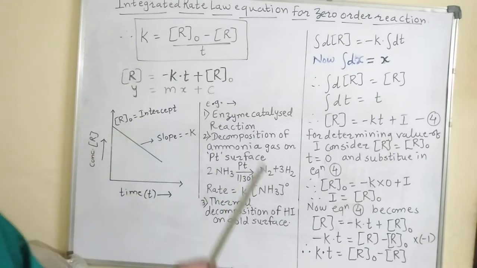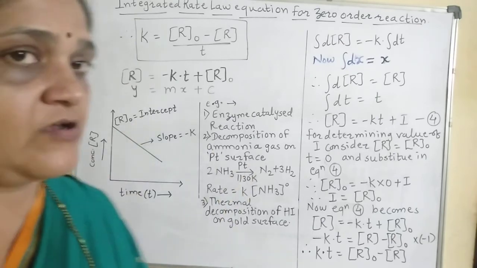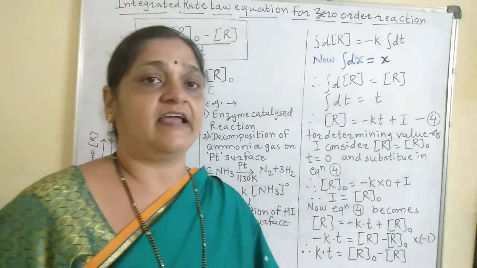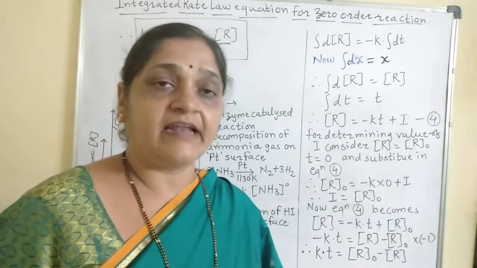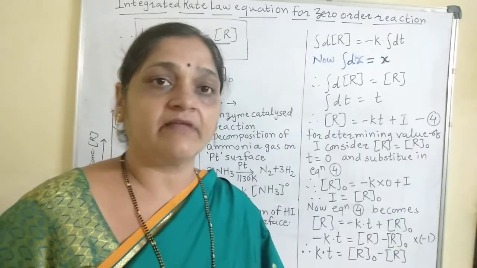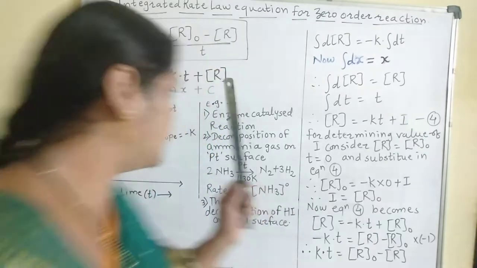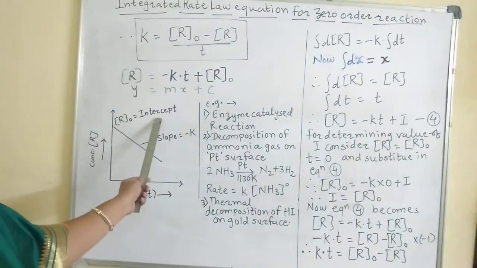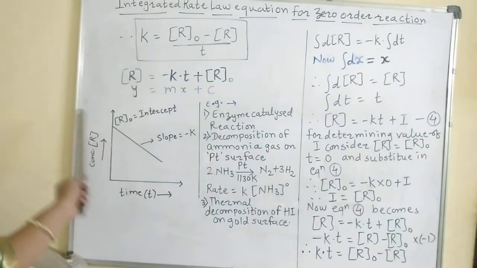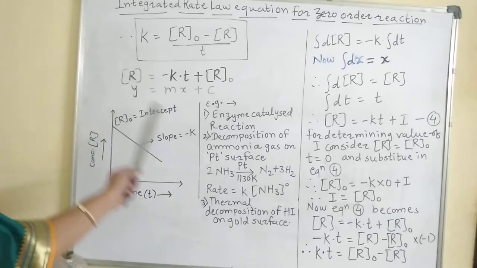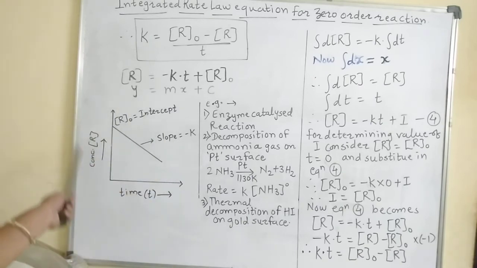The intercept is the point on the y-axis where the straight line intersects it. So for a zero order reaction, we get this type of graph when plotting concentration versus time.